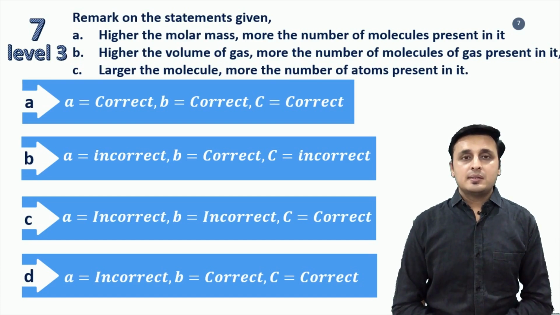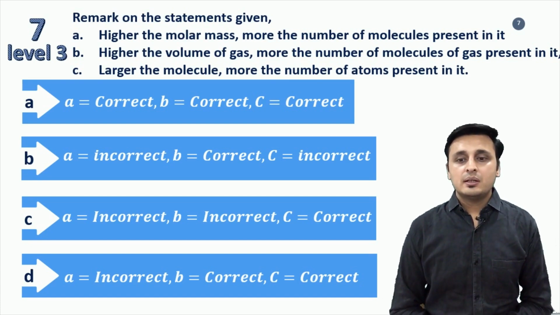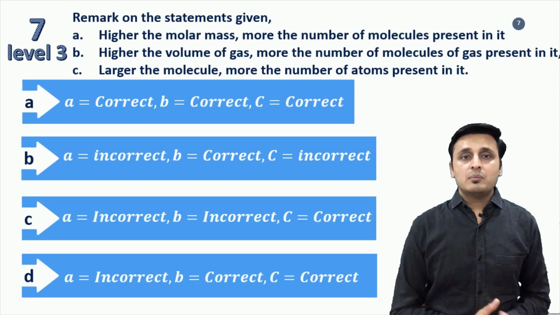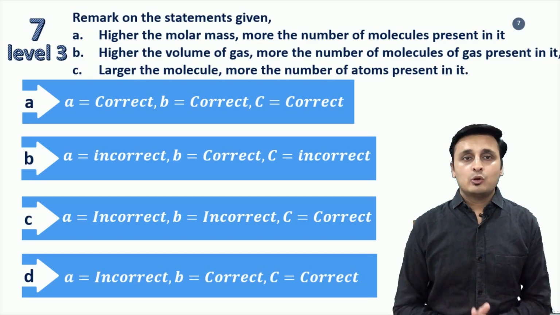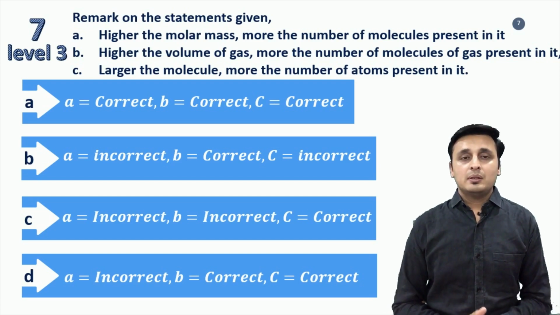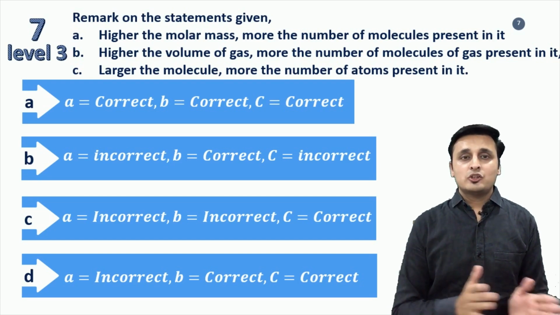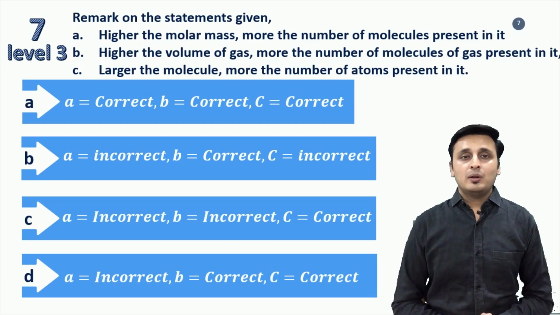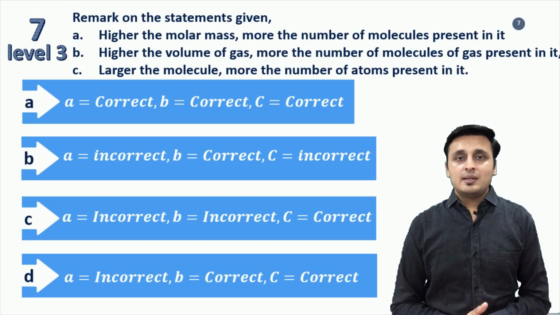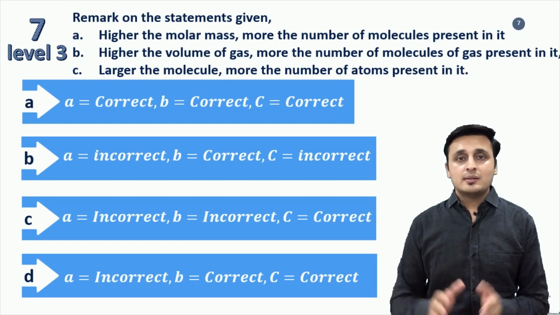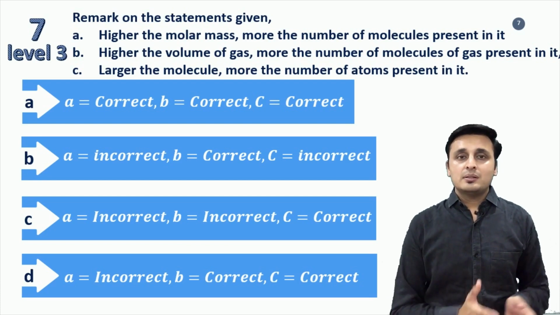Looking at statement C, larger the molecule, more the number of atoms present in it. Here, larger molecule means the molecule has a big molecular formula. For example, the molecular formula of water is H2O and the molecular formula of glucose is C6H12O6. It means that C6H12O6 is the larger molecule in comparison to water.